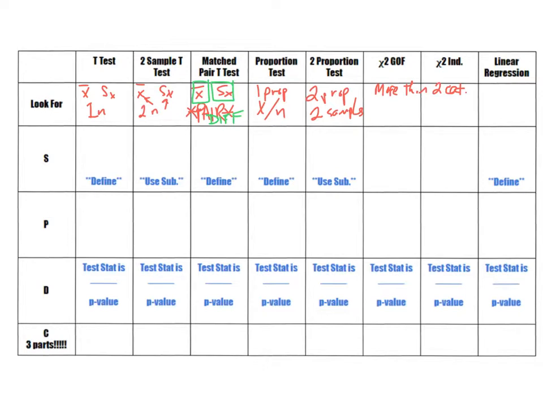It's on to chi-square. That's for both. For goodness of fit, basically you look for one set of expected values, or one set of observed values. And in an independence test, you look for a table of observed values.